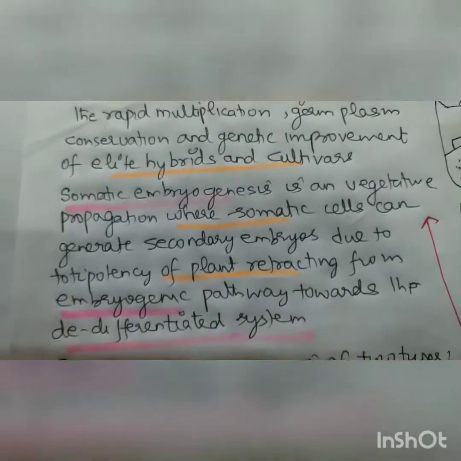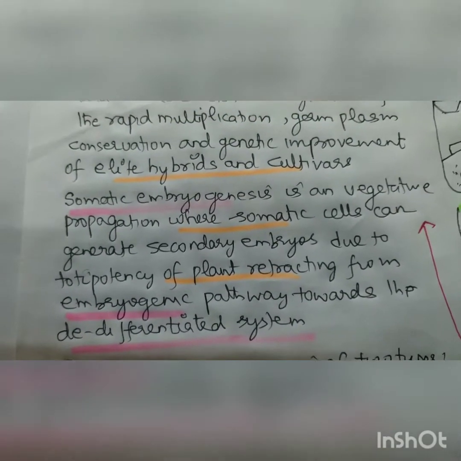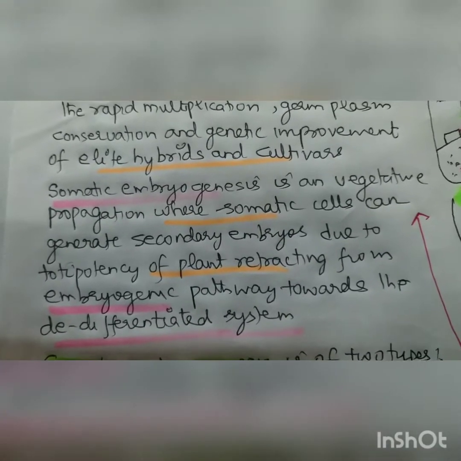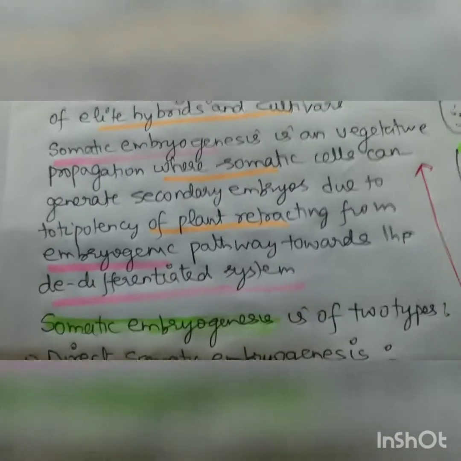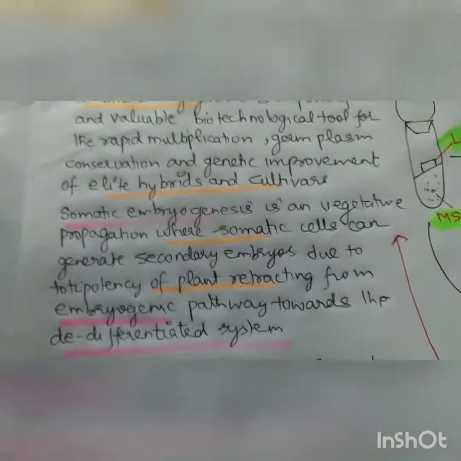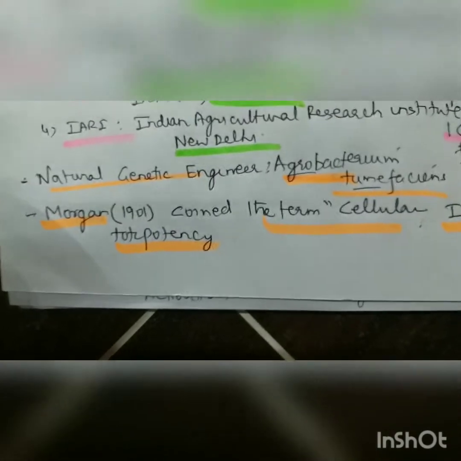In somatic embryogenesis and vegetative propagation, somatic cells can generate secondary embryos due to totipotency of plants, retracting from the embryogenic pathway towards the de-differentiation pathway. I already told you the concept of cellular totipotency, given by Morgan.